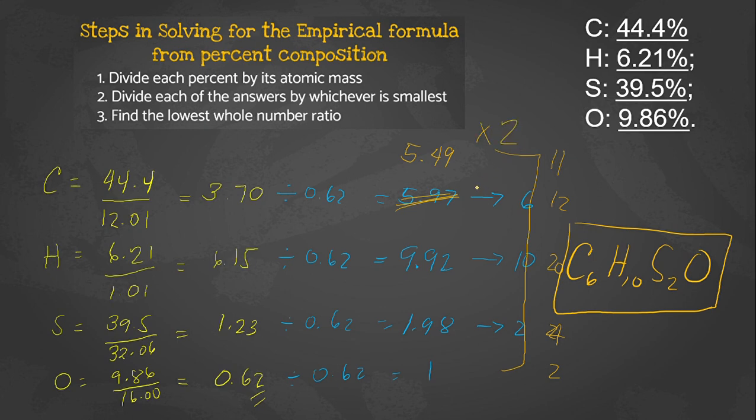Kaya kung kunwari 5.33. Ito kasi alanganin. Hindi mo naman pwedeng i-disregard yan. So, para maging whole number yan, i-multiply mo sa 3. So, magiging 15.99 siya. So, 16 na rin yun. Okay? So, gagawin natin ng paraan. We multiply this by a certain number para yung decimal natin ay maging whole number.